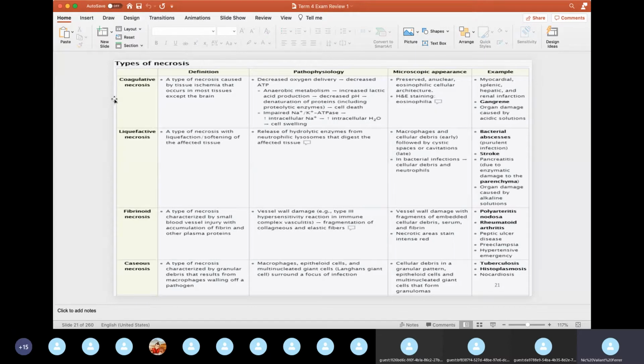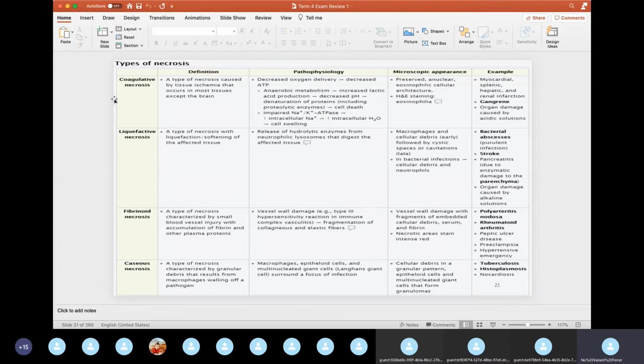Fibrinoid necrosis, this is due to what? Immune or non-immune? Immune, well, example, polyarteritis nodosa, right? What kind of hypersensitivity reaction is this? Type 1, 2, 3, or 4? 3.